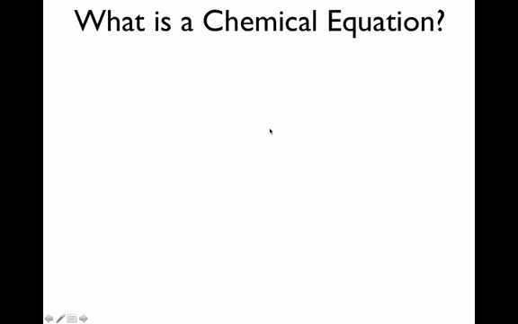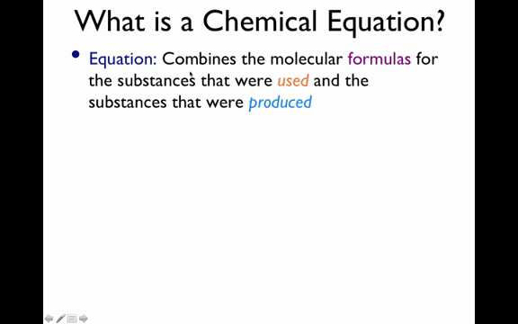So what's a chemical equation? A chemical equation basically combines the formulas for the substances that you used and the substances that you produced. What do I mean by that? Basically, you list the formulas of the substances that you used on the left side of the equation. And if there's more than one substance that you used, you separate the formulas by a plus sign.